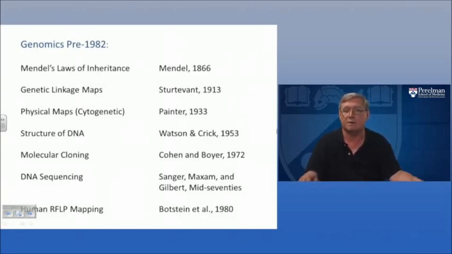Human RFLP mapping. RFLP is restriction fragment length polymorphism mapping. This technique allowed individuals to mark segments of genomes with particular what were called RFLP markers, and by being able to identify variations in the DNA sequence, one could trace the inheritance of those pieces of chromosomes from one generation to the next.